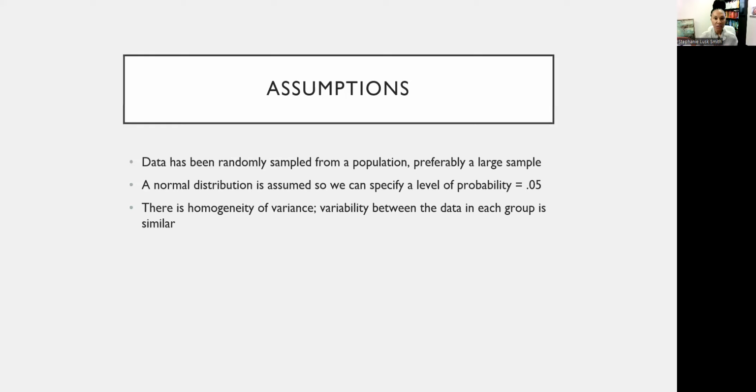So the assumptions that we make when we are anticipating or using a t-test to analyze our data is that we have conducted a random sample from a larger population. Again, we talked about the importance of random sampling.